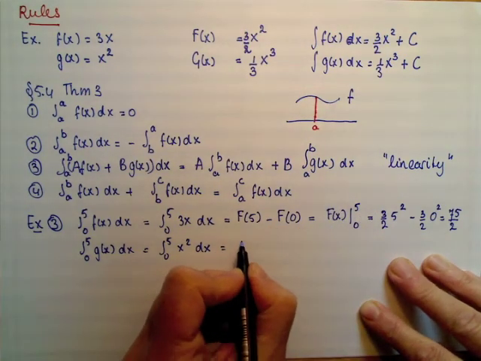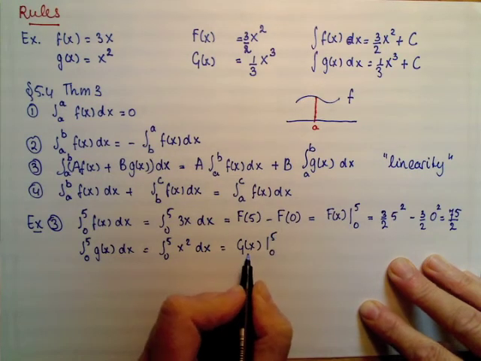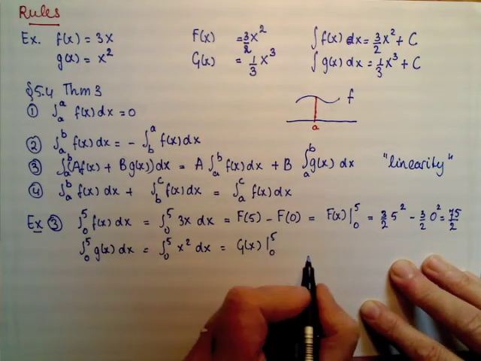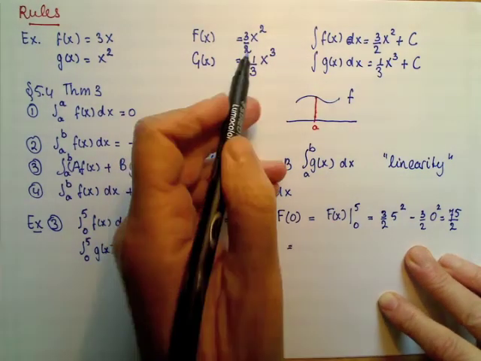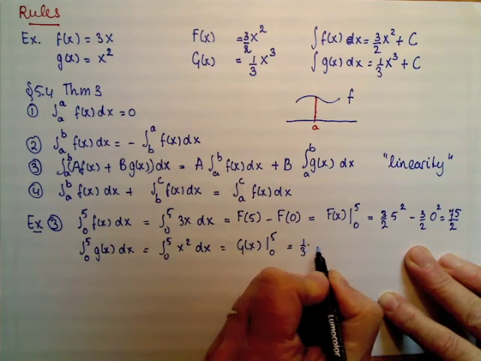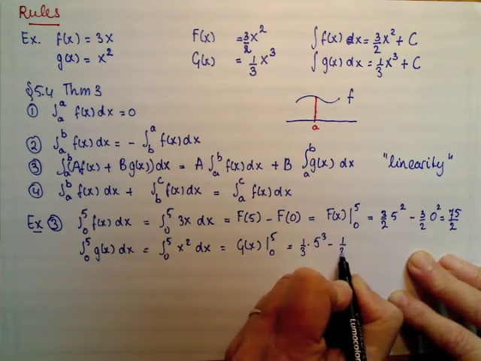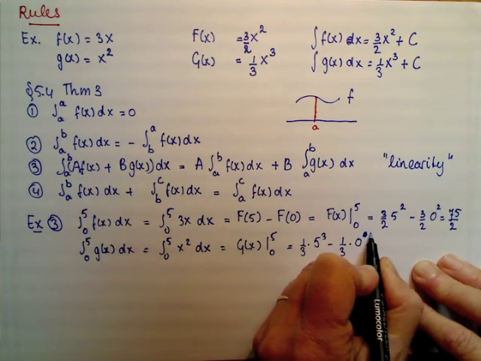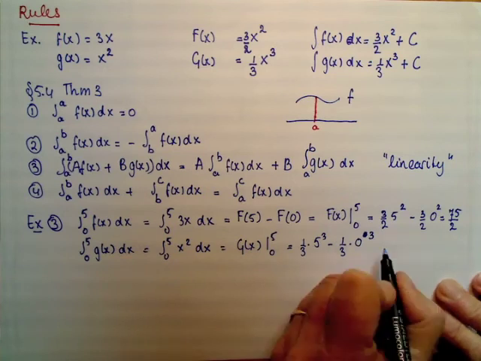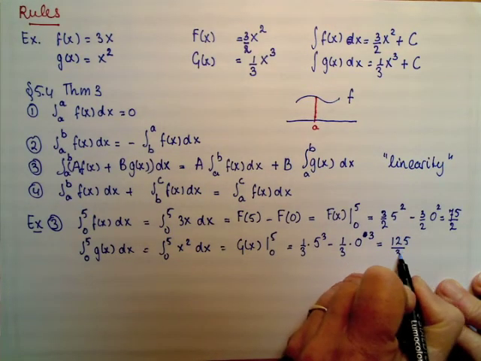So in the standard notation it will be written as the function capital G of x between 0 and 5. So this will be the value at 5. Now what does it mean? It will be 1 over 3 multiplied by 5 to the power 3, and we have to subtract 1 over 3 multiplied by 0 to the power 3, and we get 125 over 3.